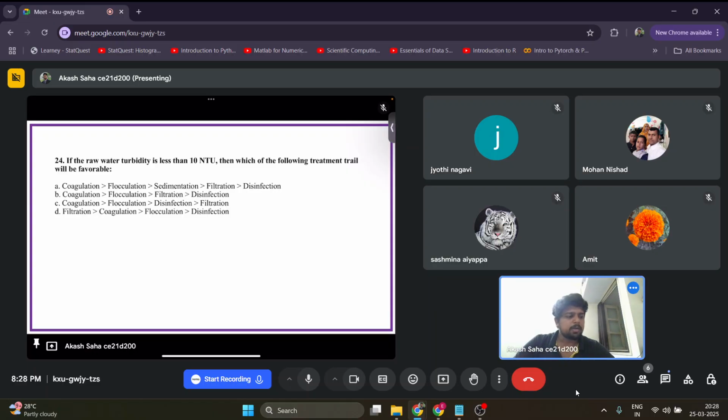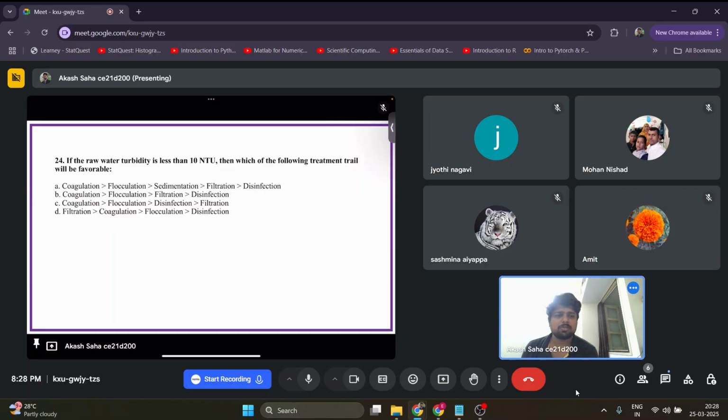If the raw water turbidity is less than 10 NTU, then which of the following treatment trains will be favorable? You might have seen that for various types of suspended solids concentration present, we follow some kind of treatment train. So when the turbidity is less than 10 NTU, what will be my treatment train?